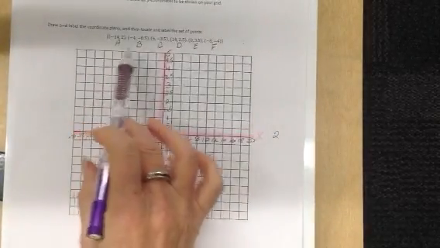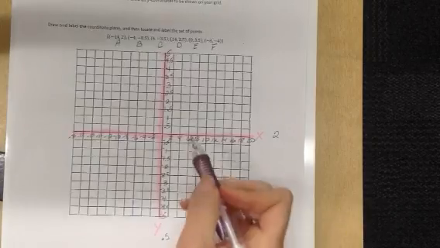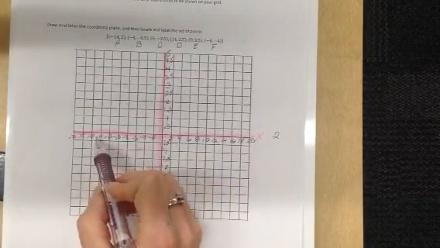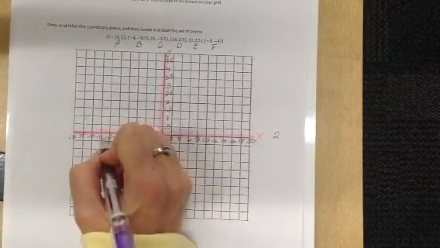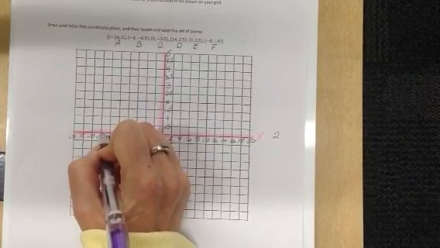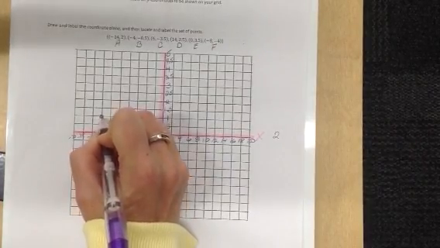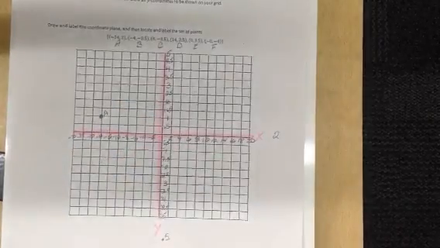I already gave my points A, B, C, D, E, F. So if I do my first one, it's a negative 14, so I am going to go this way, and here's my 14, and I'm going to go up a positive 2, and there's going to be my point A.